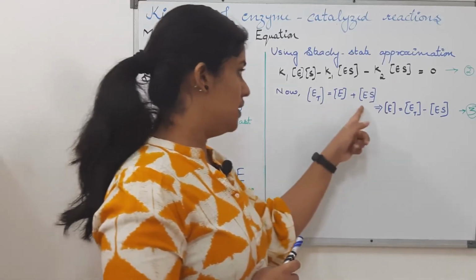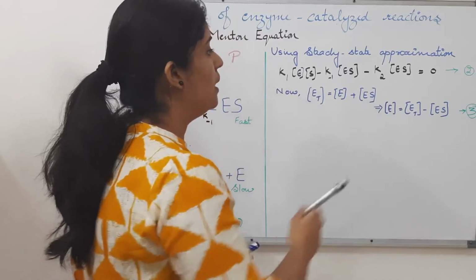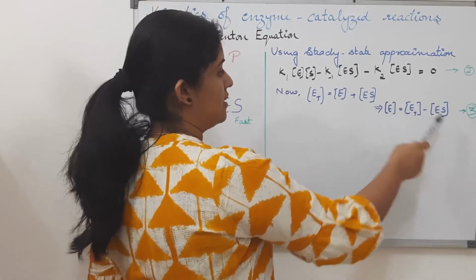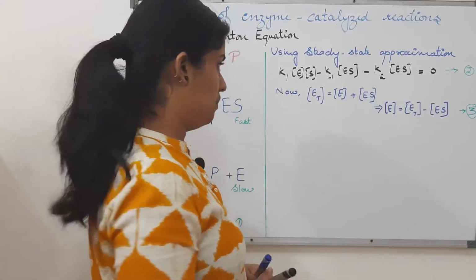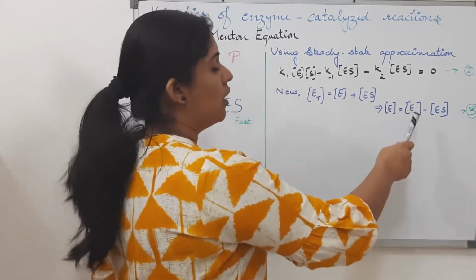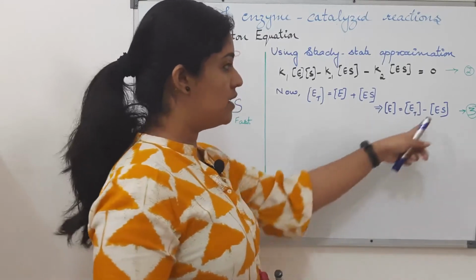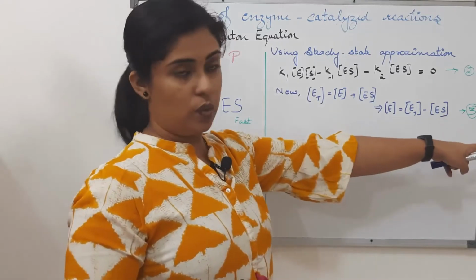From this, I can write my concentration of E to be ET minus ES, where E is the free enzyme and ES is the bound enzyme. So my free enzyme concentration E equals the total enzyme concentration ET minus the bound enzyme concentration ES, and that can be my equation 3.